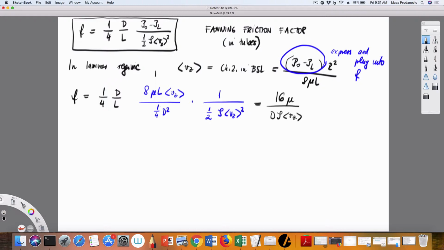Does anything jump at you? Reynolds number. Okay. So Reynolds number is defined with diameter, rho, average velocity or some sort of characteristic velocity, and mu. And what I see is 16 over Reynolds number.